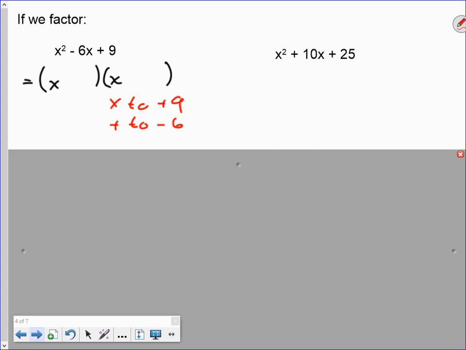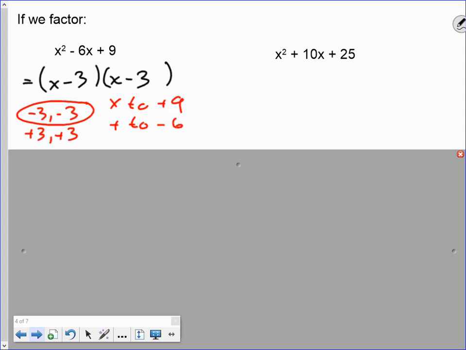What multiplies to 9? 1 and 9, or -1 and -9. Better candidates are -3 and -3 and +3 and +3. Which ones add to -6? These 2 right here. So we'll have x minus 3, x minus 3.